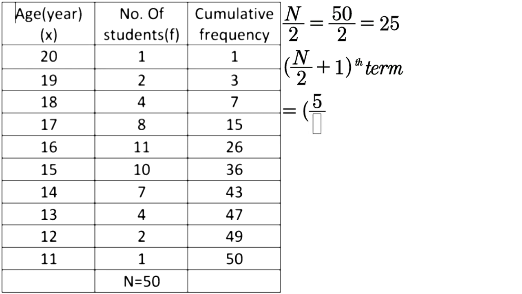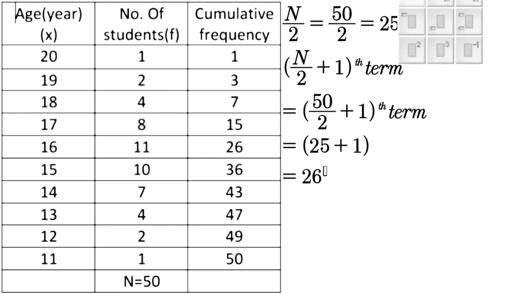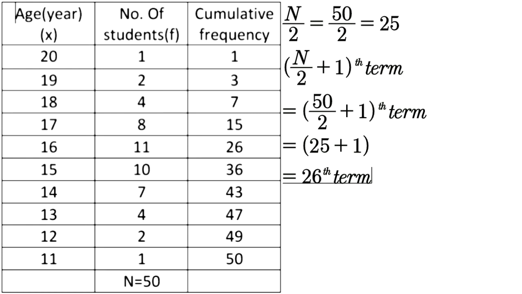For this, 50 divided by 2 equals 25, plus 1, and 25 plus 1 equals 26. 25 lies between 15 and 26 in the cumulative frequency table. 26 is greater than 25.